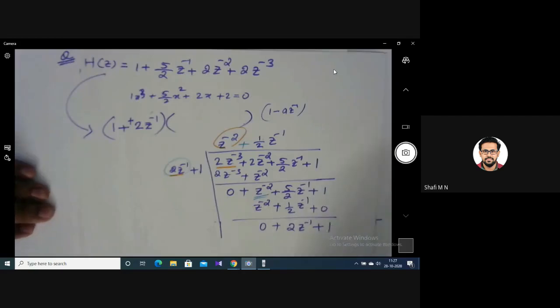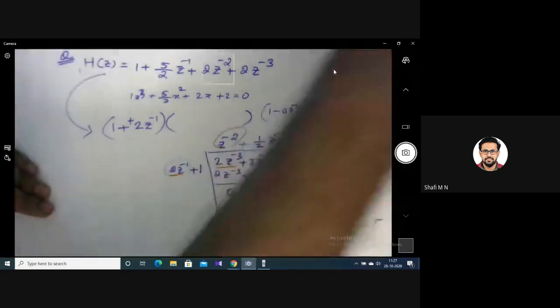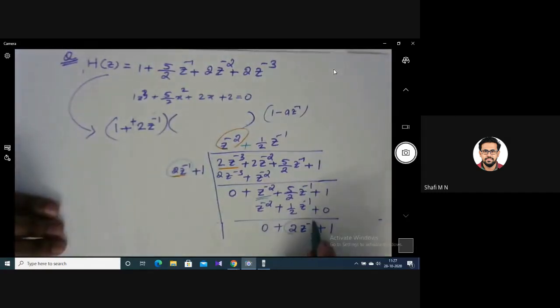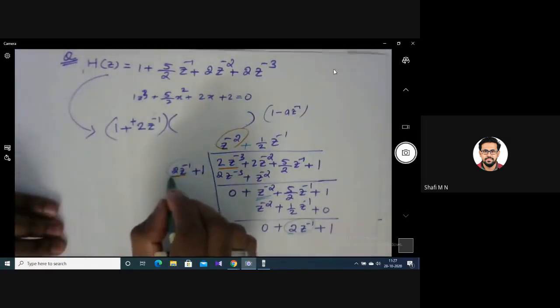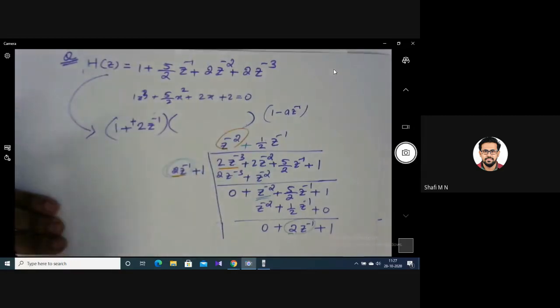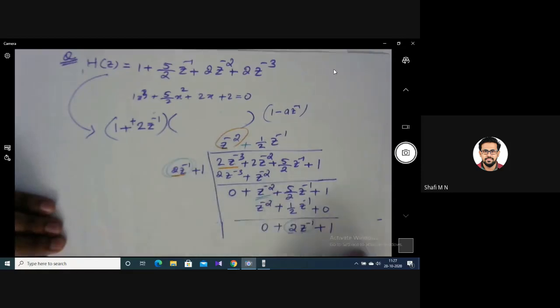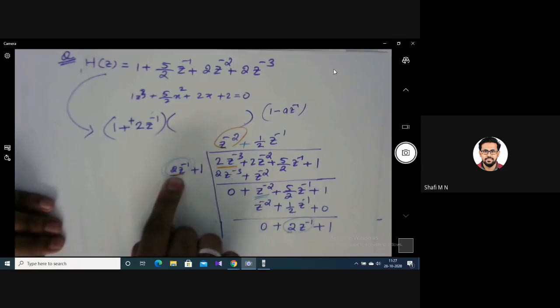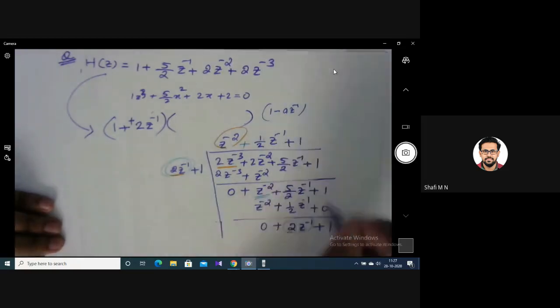Again, next division is between 2z raised to -1 and this thing, 2z raised to -1 plus 1. So 2z raised to -1 divided by 2z raised to -1, that will become 1, into this thing.